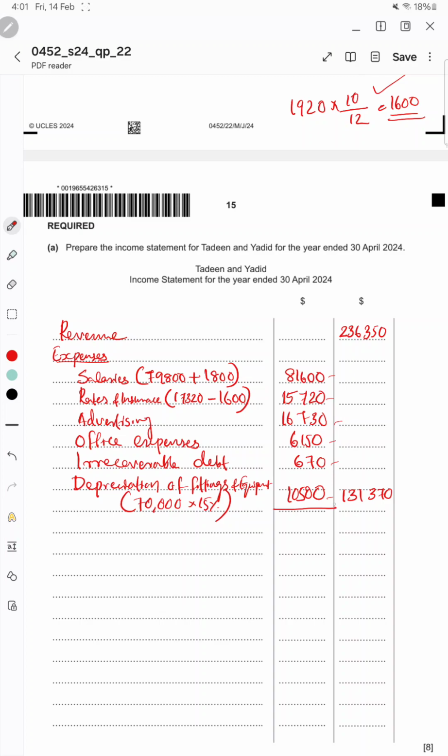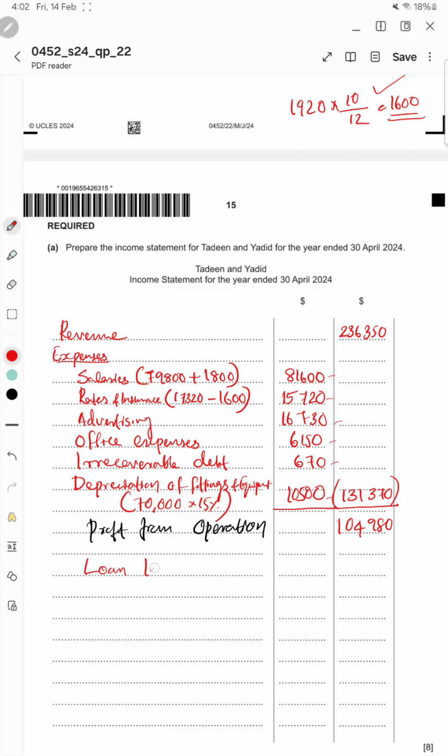Okay, we don't have any other income, so directly take revenue minus expenses. Deduct these balances and you will get 104,980, isn't it? So this is known as profit from operation. Profit from operation, not net profit, because we have to deduct the interest also. Interest is there, loan interest, isn't it? So take loan interest here.